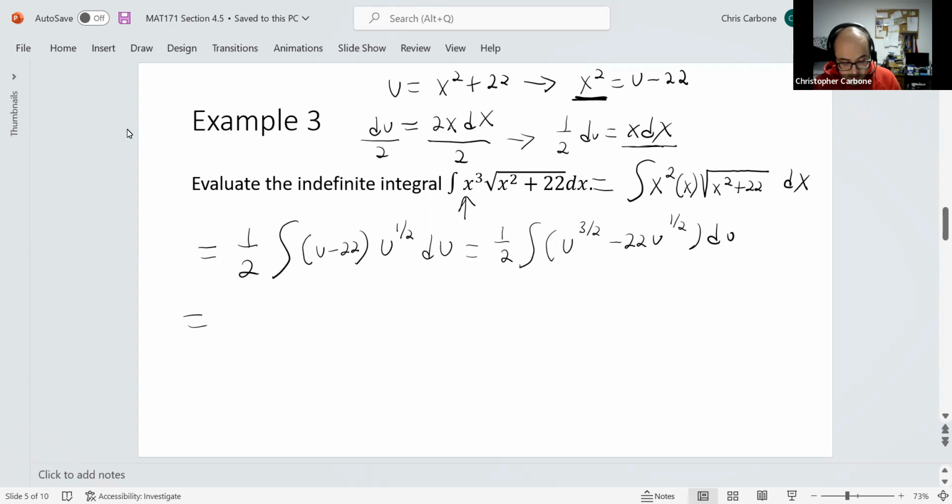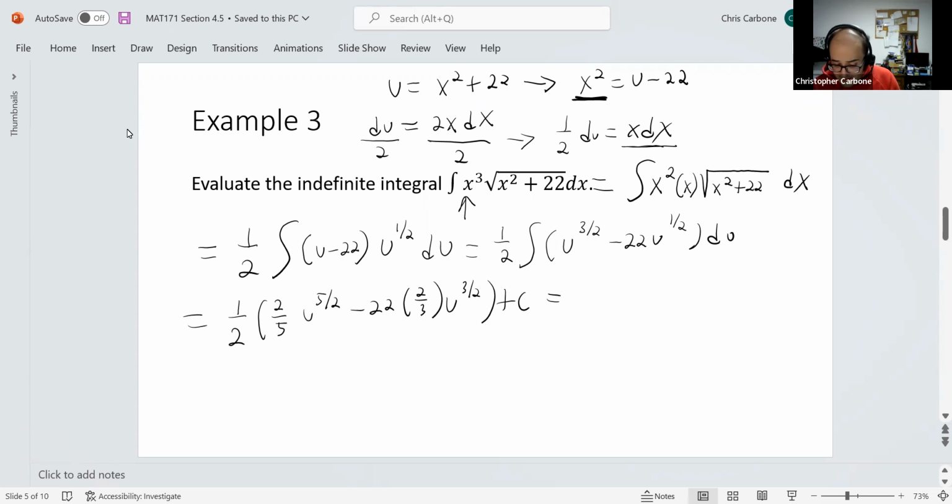So applying this integration, 1/2 times 2/5 times u to the 5/2 minus 22 times 2/3 times u to the 3/2 plus c.